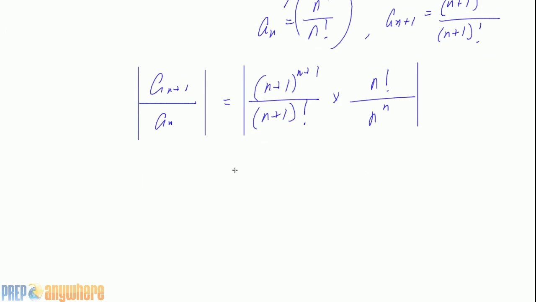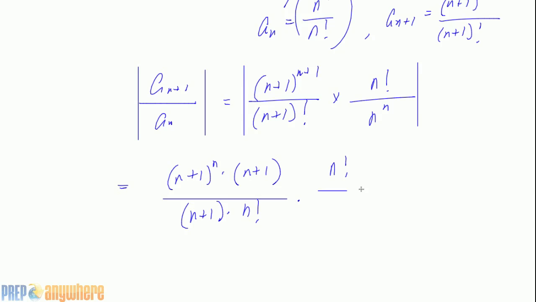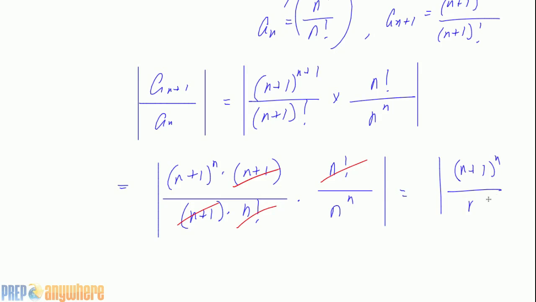Okay, let's simplify this. That's (n+1) to the power of n+1. That right there is the same thing as (n+1) multiplied by n factorial. So we can reduce that, and we can also reduce this. That simplifies a lot. So we have (n+1) to the power of n over n to the power of n.